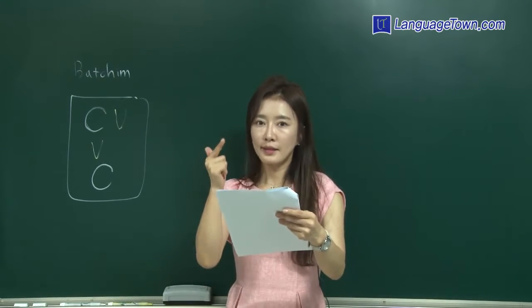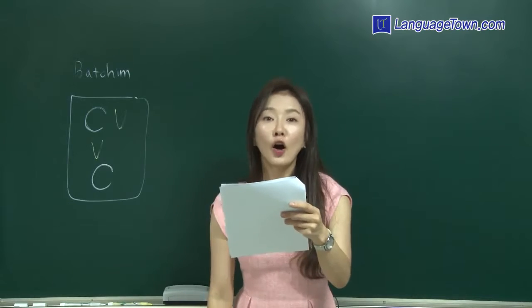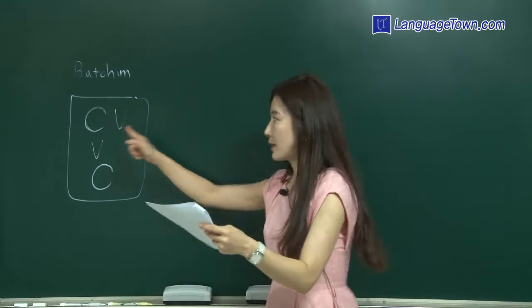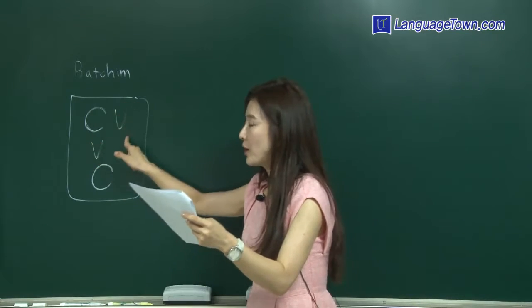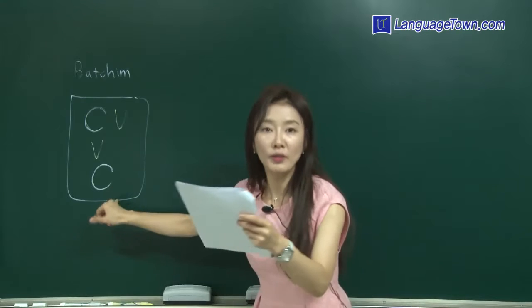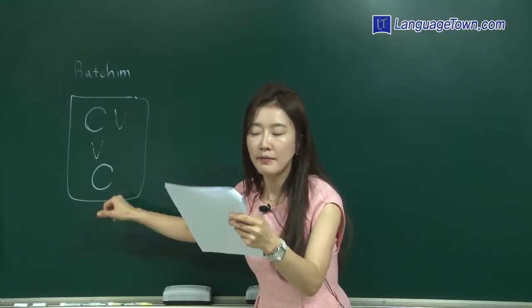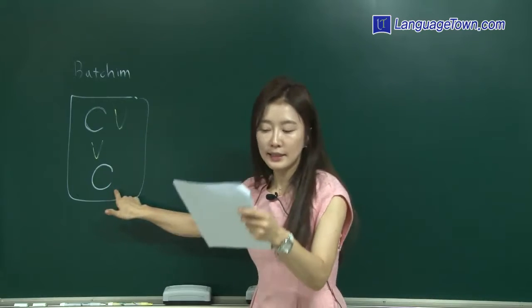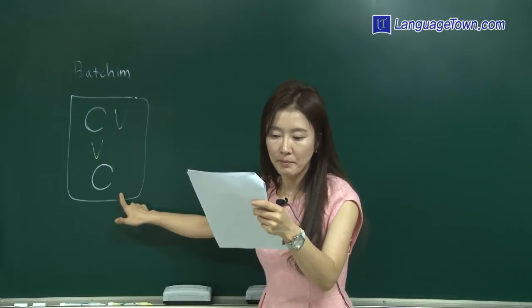Right, get started. 시작. A 한글 syllable is made of a consonant and a vowel, and also can be made by adding one more consonant below the vowel, right? The adding consonant is called 받침.